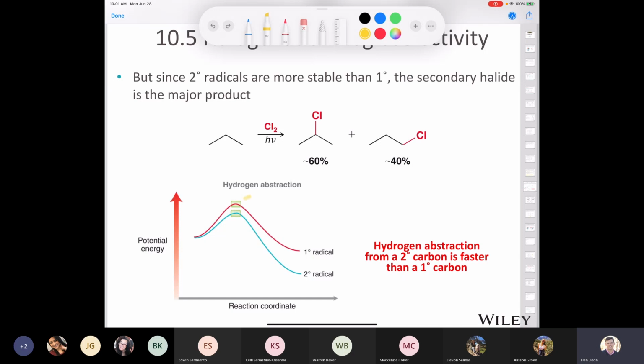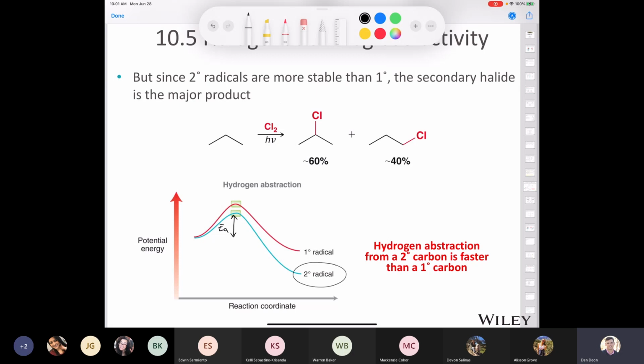You see that the difference in activation energy of forming the primary versus the secondary radical isn't all that great, is it? The activation energy for the formation of the secondary radical is lower, so that's going to occur faster and you end up with a more stable radical.